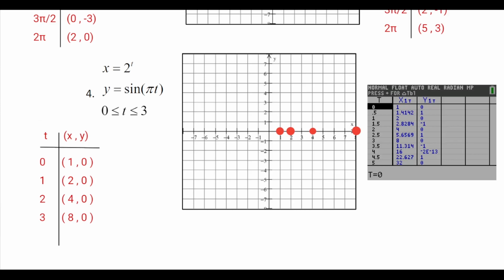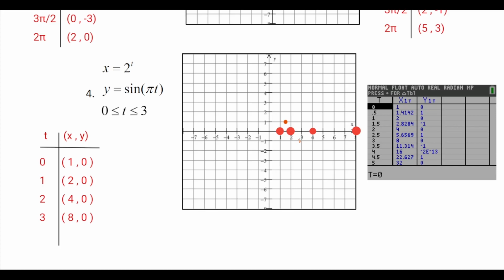So if t is 1 half, I have a point at about 1.4, 1. So that's going to be about here, roughly. And then when t is 1.5, I've got a coordinate at about 2.8, negative 1. So 2.8, negative 1 is going to be here.